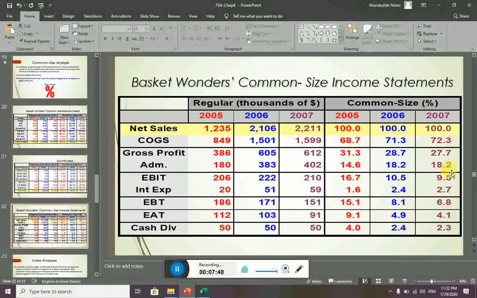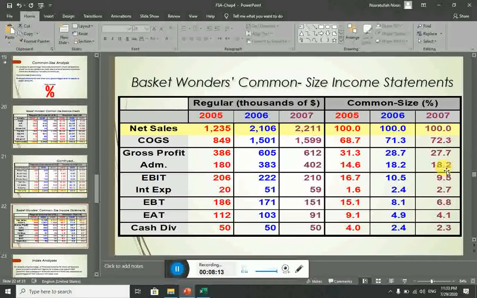It means that cost of goods sold in 2017 is 72.3% of total sales. Similarly, in 2017, gross profit is 27.7% of total sales.